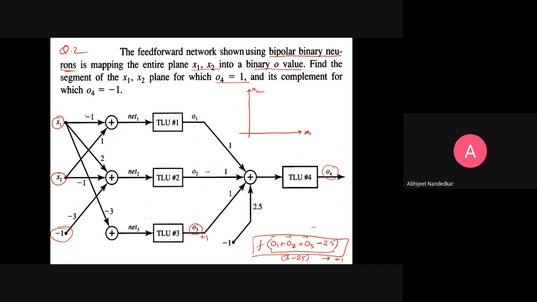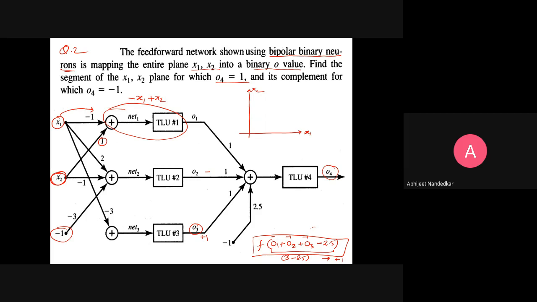So this layer is receiving x1. The first neuron is receiving x1 multiplied by -1, so this will be minus x1. It is receiving x2 multiplied by 1, so plus x2. I think there is no further connection.